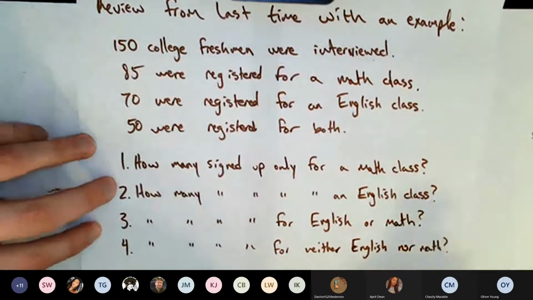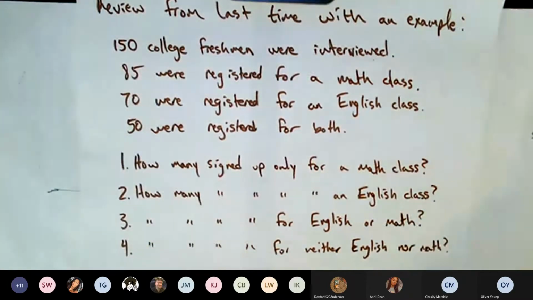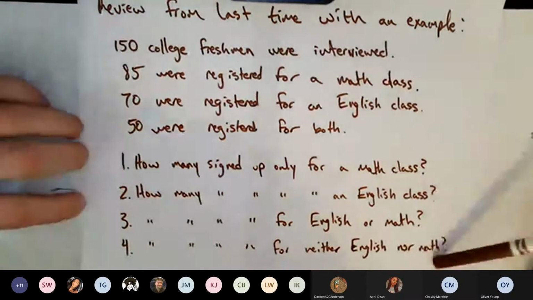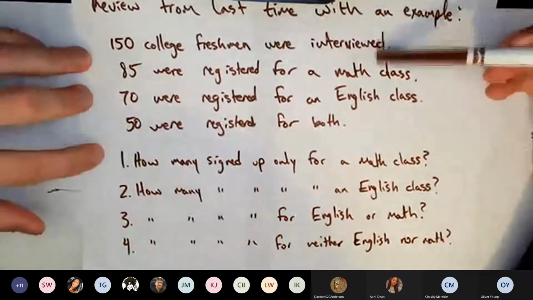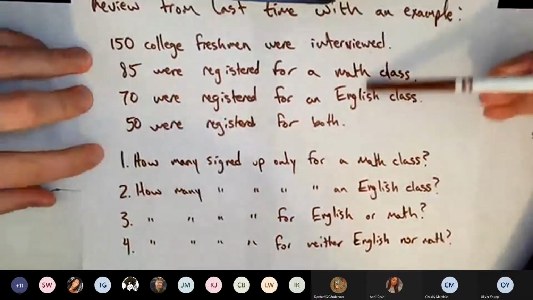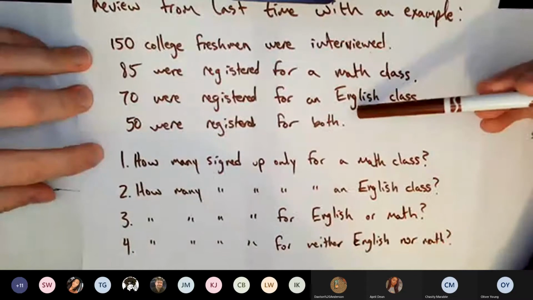Okay, so that's a lot of writing there, a full page for me. So I'll give you a second to write these questions down. And then we will draw a Venn diagram to represent this. I'm not even going to attack any of these questions directly yet. I'm just going to draw a Venn diagram representing this set of data.